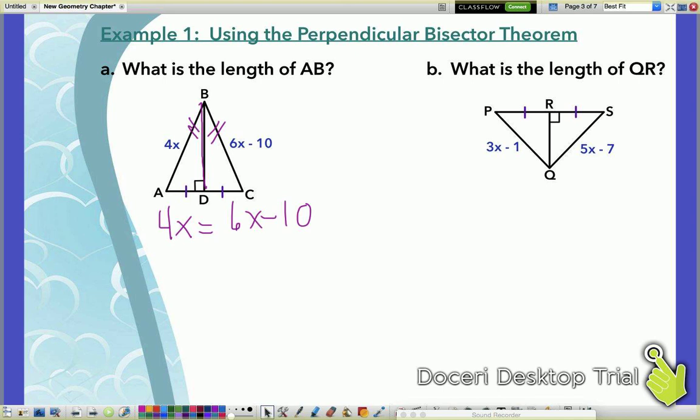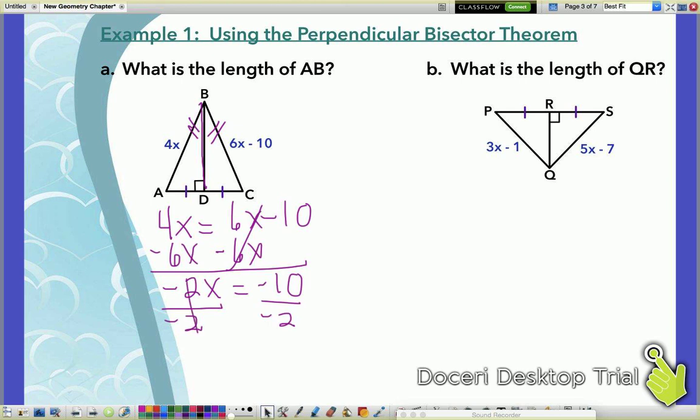Okay, so let's first solve for x. And I know you're thinking, I'm going to get a negative here. 4x minus 6x is negative 10. But what happens when we divide a negative by a negative? We get a positive. So my x value is 5. That's not the value of AB.